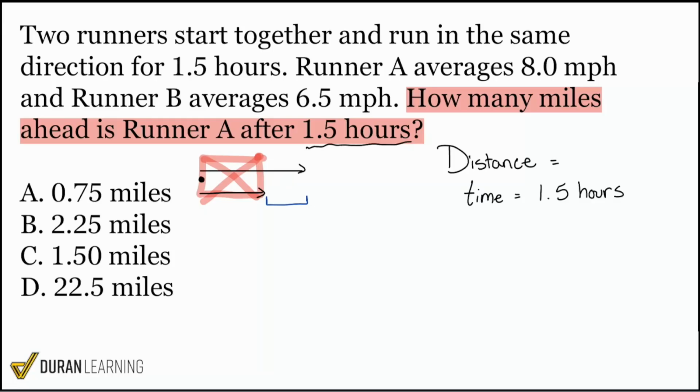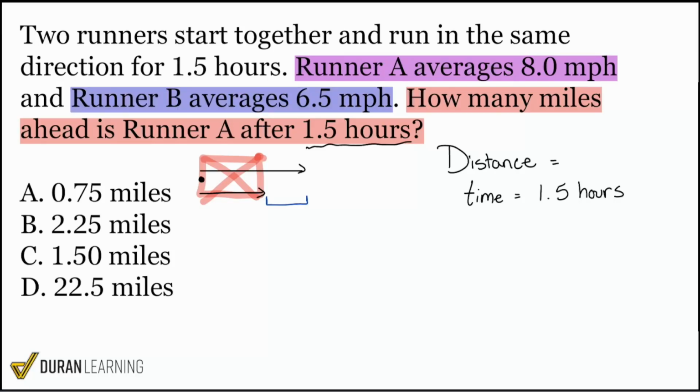So because of that, everybody, because of the overlap, what can we do with those two rates to find the true rate? What can we do with the rate for runner A, which is 8 miles an hour, and the rate given here for runner B, which was 6.5 miles per hour? Absolutely, we can subtract the rates because remember, in these situations where the objects are moving at the same time, if they're going in the same direction, we can subtract the distances after we calculate them.